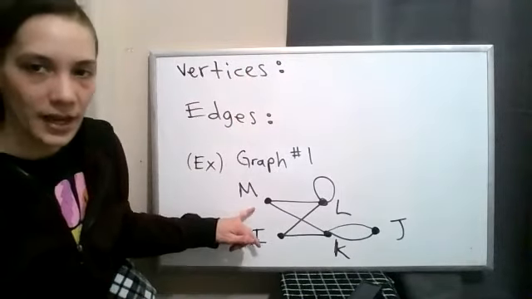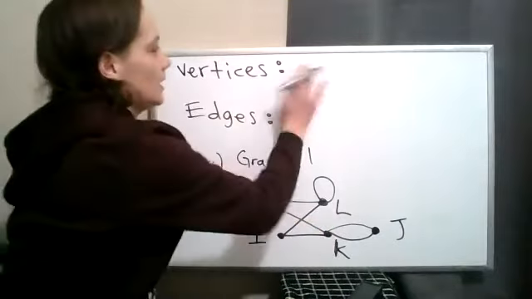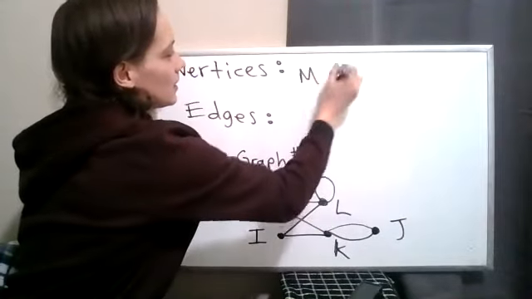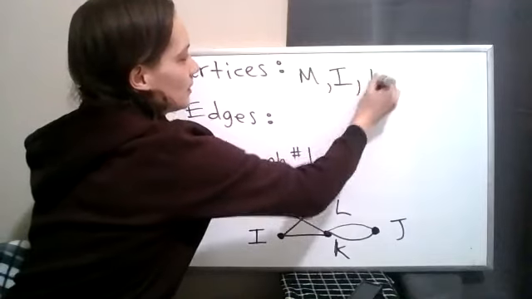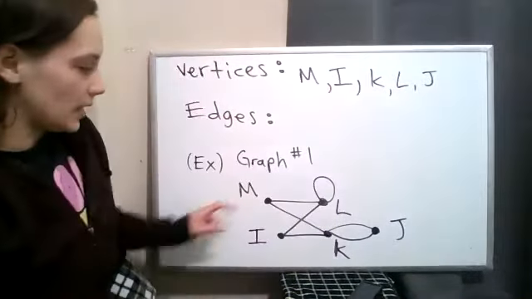So for this graph, we have M, I, K, L, J as the vertices. And the edges.